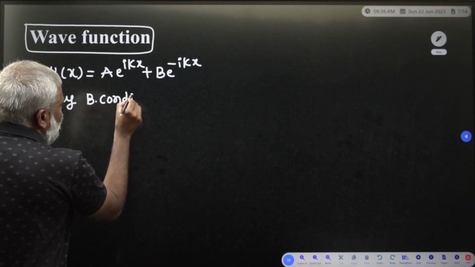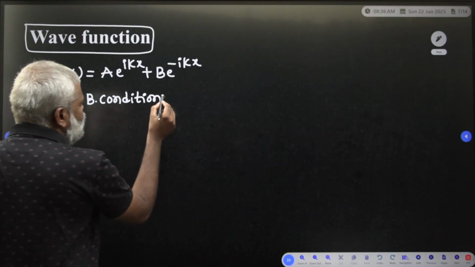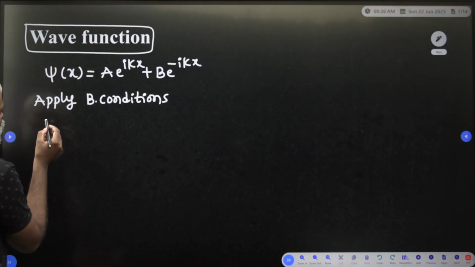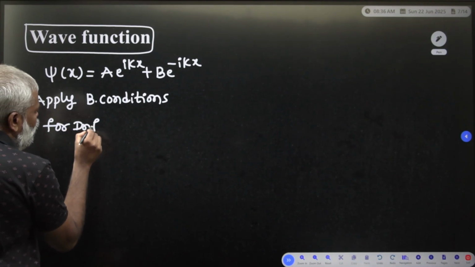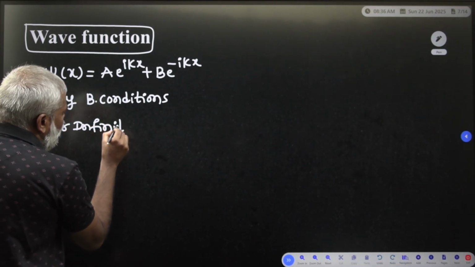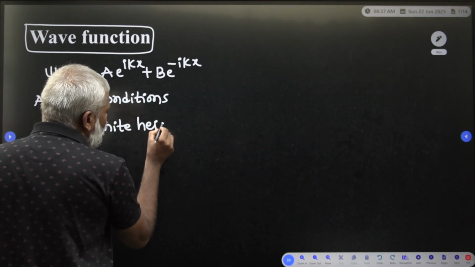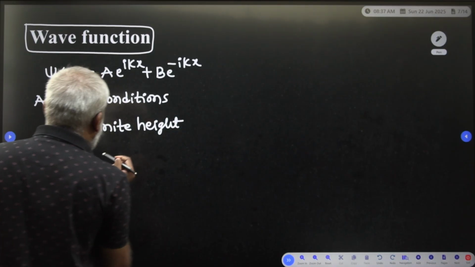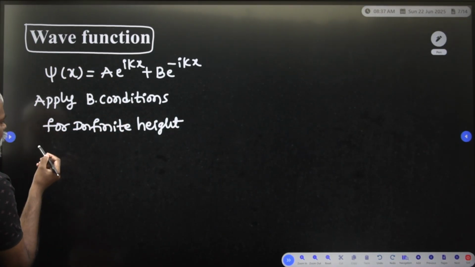What are the boundary conditions? This is the one dimensional box of infinite height, so we apply the boundary conditions for infinite height.